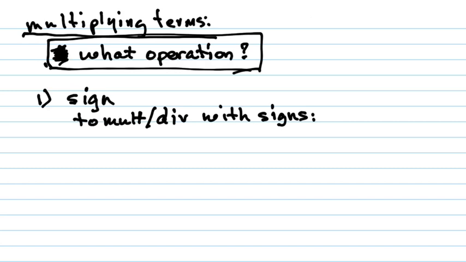If the signs were different, we kept the sign of the larger number and subtracted them, right? Because difference means subtract. Well, today we're going to look at the other two rules for working with signs, but they don't deal with combining, they deal with multiplication and division. Now, they look very similar. So you've got to make sure you know what operation you're using so you know what rule to use.